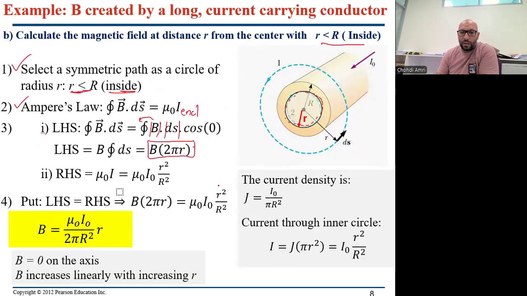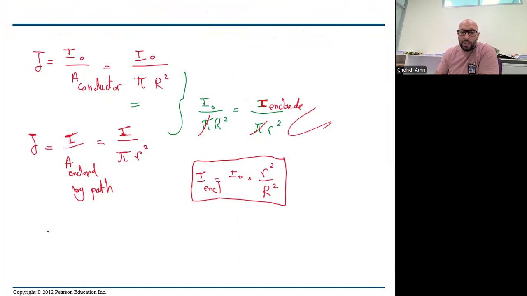So this is our current enclosed by the path, mu naught r squared divided by the radius of the conductor squared. Left-hand side equals the right-hand side. So B times 2 pi r equals the right-hand side, which is mu naught I naught small r squared divided by capital R squared.